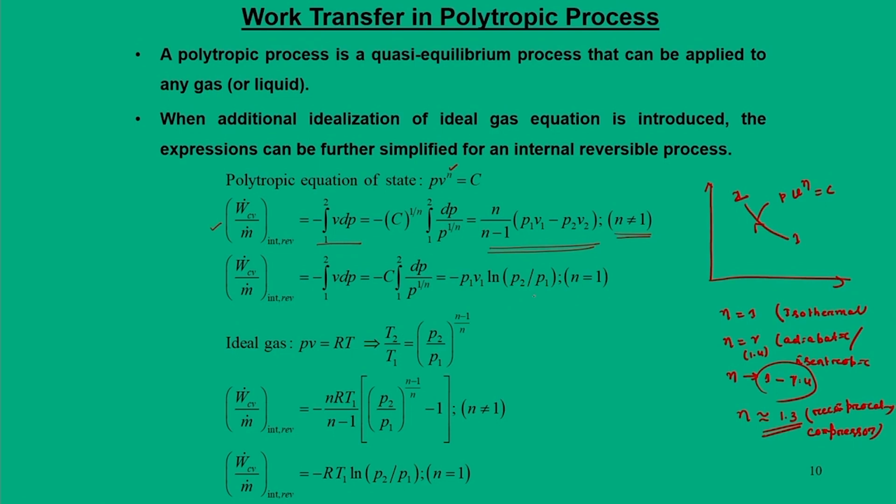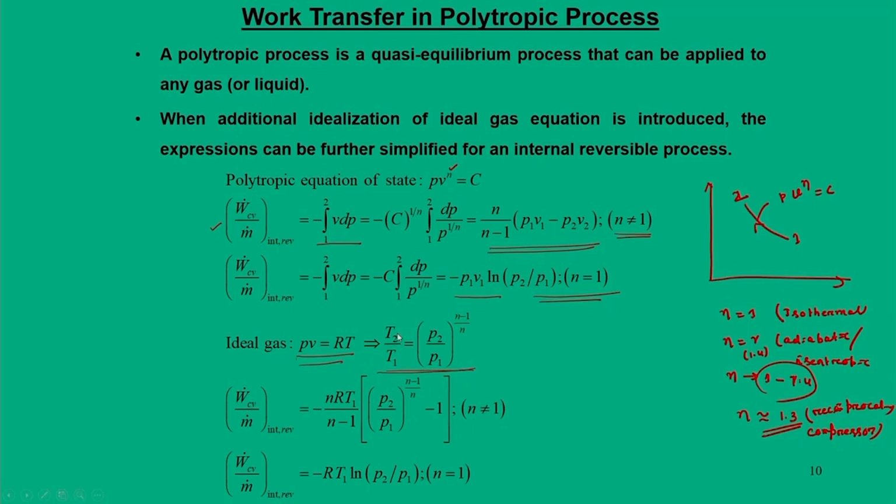Now, if n is equal to 1, the work transfer equation becomes P1 V1 ln(P2 by P1). Now, here you impose the ideal gas state equation, which is Pv equal to RT. When you use this, what happens to the temperatures?